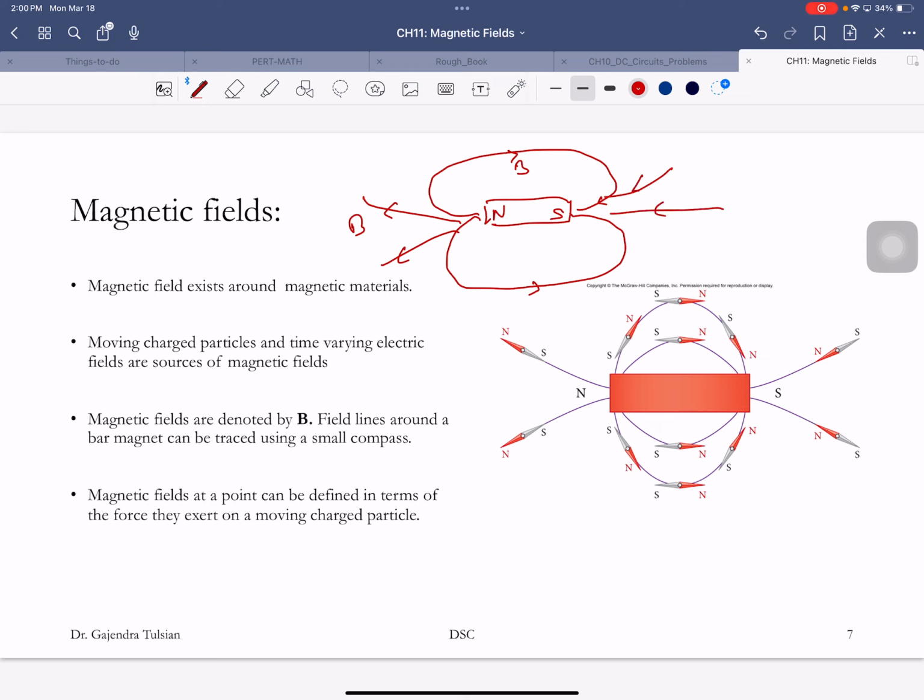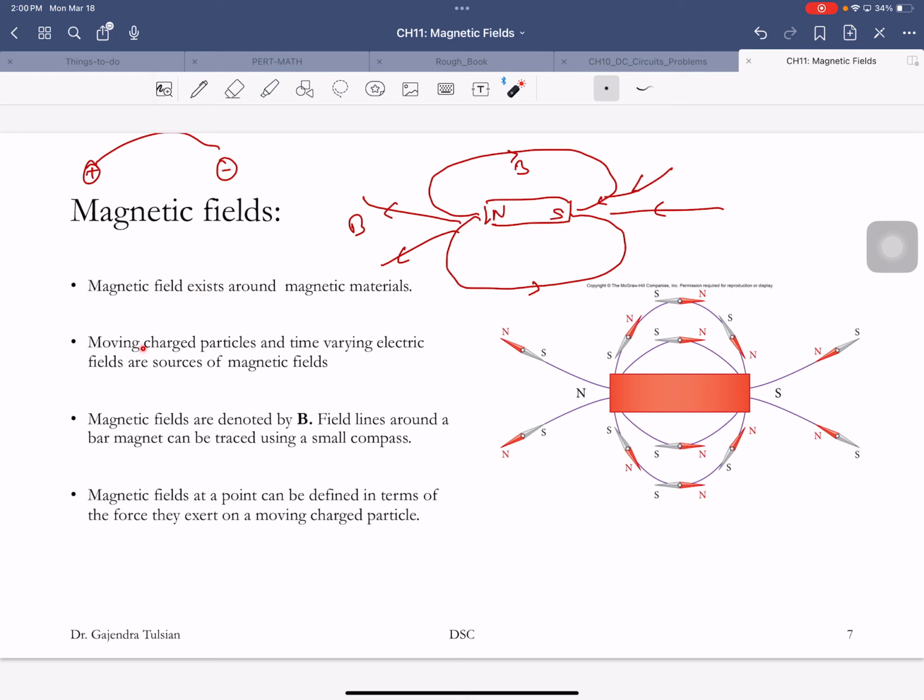Have you done anything like this? Yeah, so the electric field lines of a dipole look exactly like that. Okay, that's the lab you guys did. So these are the magnetic field lines, and magnetic field lines exist around magnetic materials.